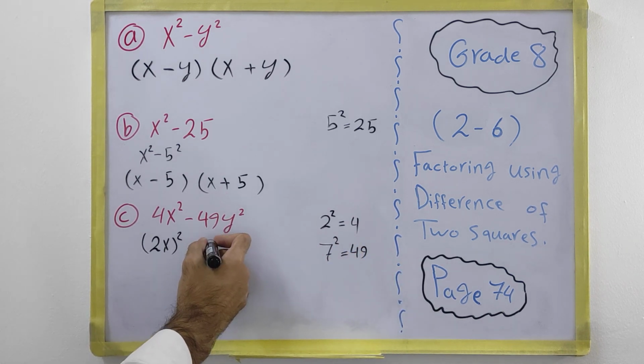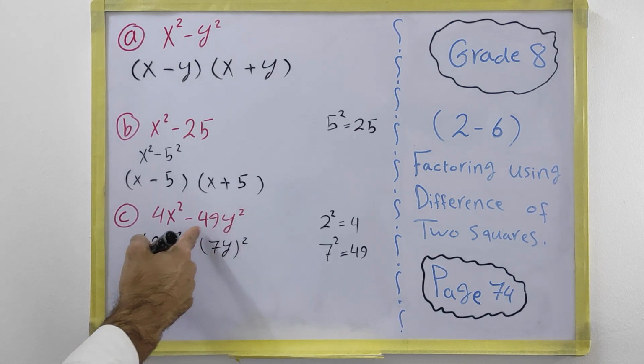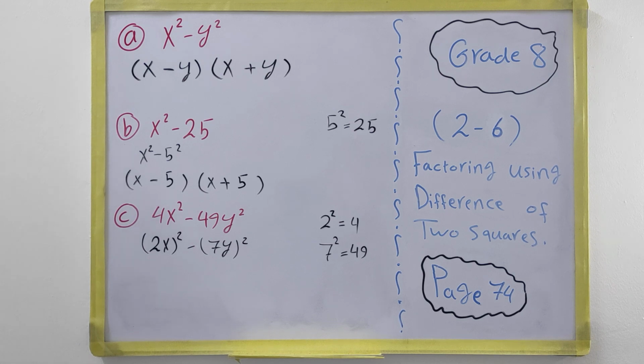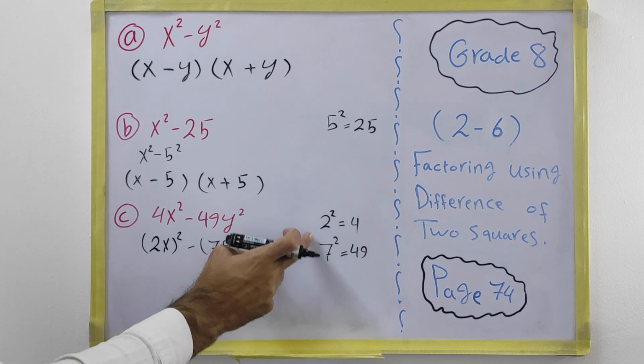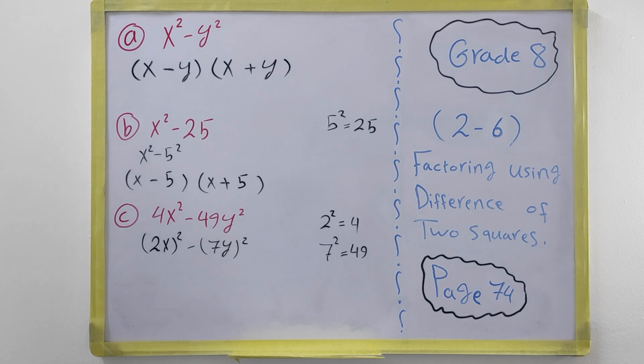So we can say 7y power 2. If the number is not a perfect square, we cannot factor by the difference of two squares. But when we see that both of them are perfect squares and we have power 2 for the letters, then we can do it.